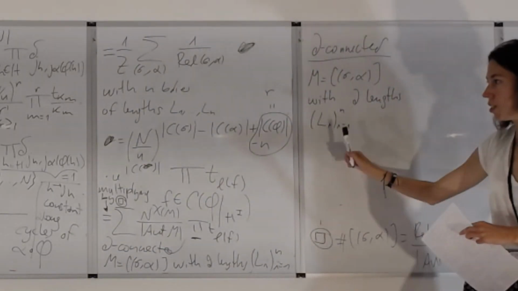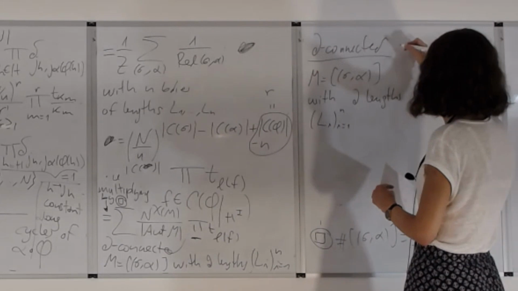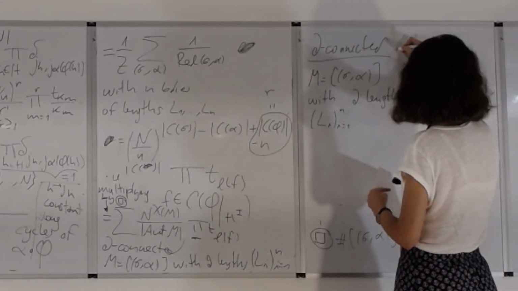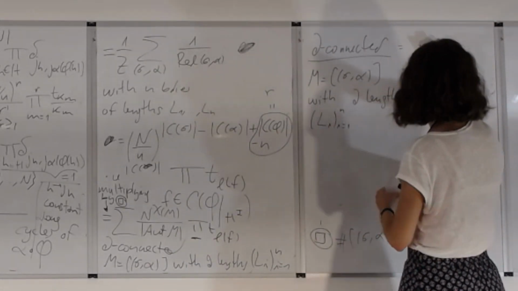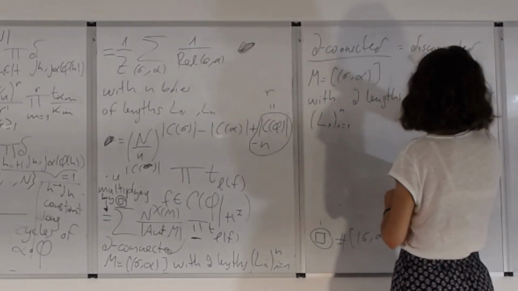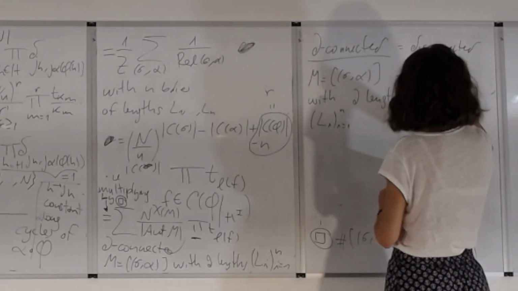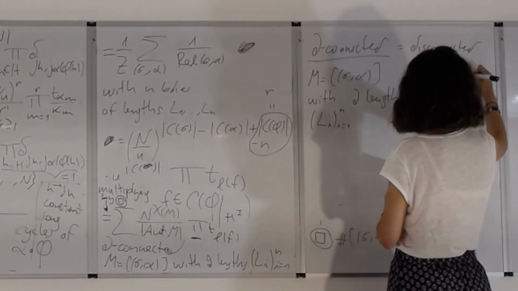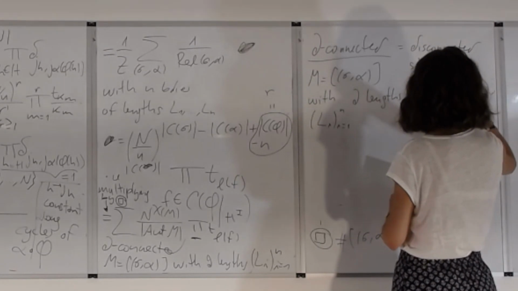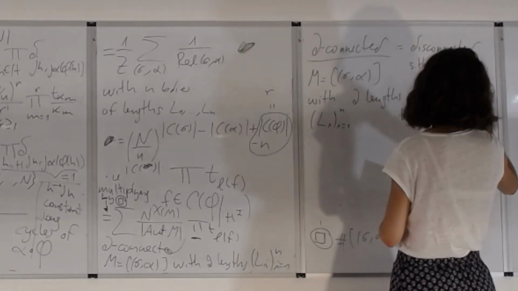So that doesn't change from here. And delta connected just means possibly disconnected, such that each connected component has at least one boundary.